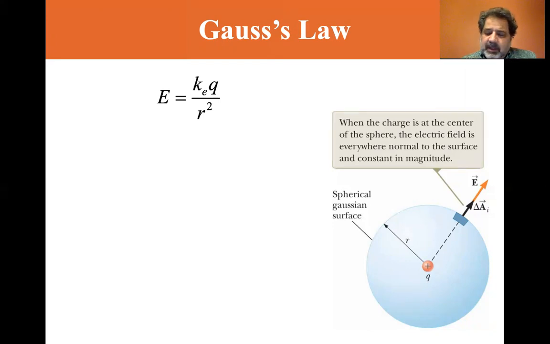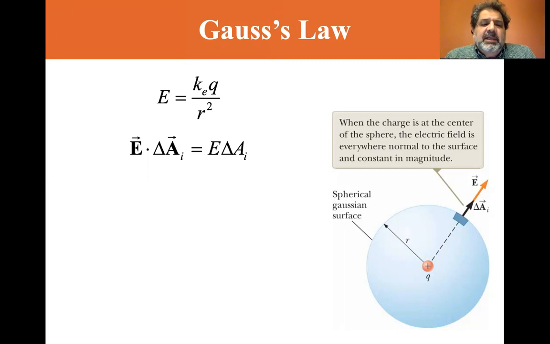Now, again, if we look at E dot delta AI, where both of those are vectors, E dot delta A is just E delta AI times cosine theta, and in every case the cosine theta here is equal to 0, cosine of 0 is equal to 1, so you just end up with E delta AI.